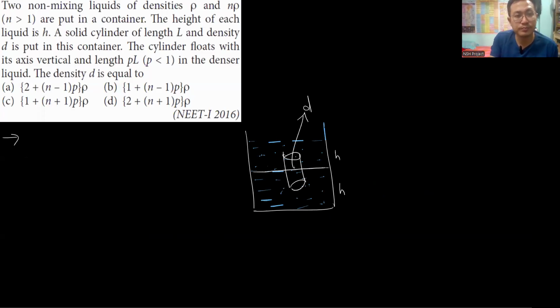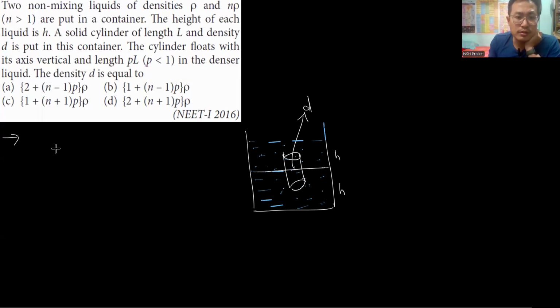Now the question: the cylinder floats with its axis vertical and length L in the denser liquid.